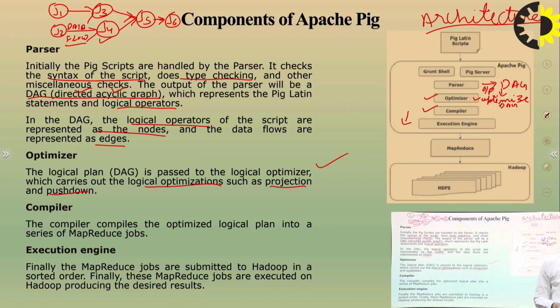Then we have the execution engine here. The map reduce jobs are submitted to Hadoop in a sorted order. Finally, the map reduce jobs are executed on Hadoop, producing the desired result. So these map reduce jobs will finally produce the output in an HDFS file.